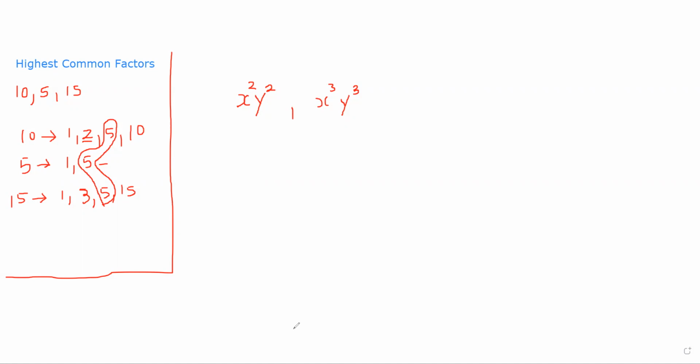Sir, x cubed y cubed. Anybody else? So what's going to be the answer? In the previous case, the answer was 5. What's going to be the answer here?